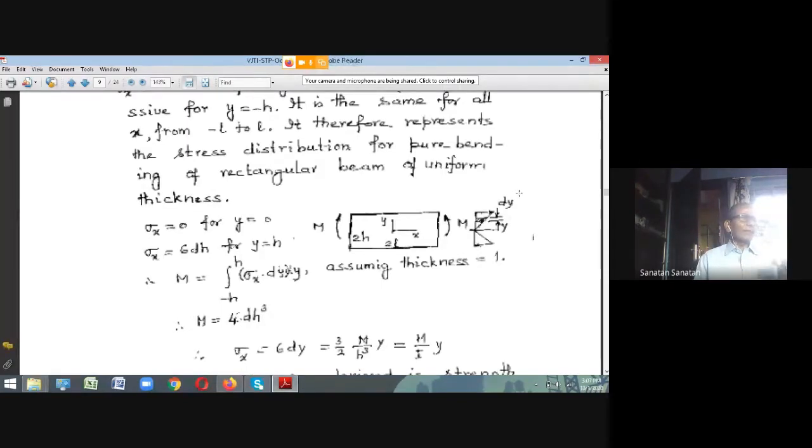Similarly, delta sigma y by delta y plus delta tau xy by delta x equal to 0. So you must select constants that do not create any difficulty in satisfying those equilibrium equations. By any form it can be taken, but you must make sure those constants are such that they satisfy the equilibrium equation.